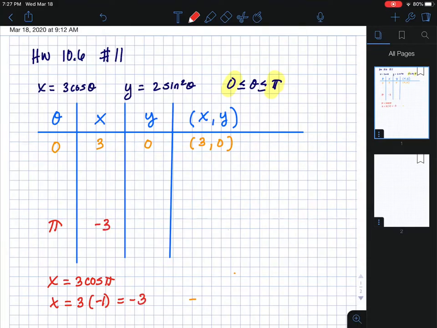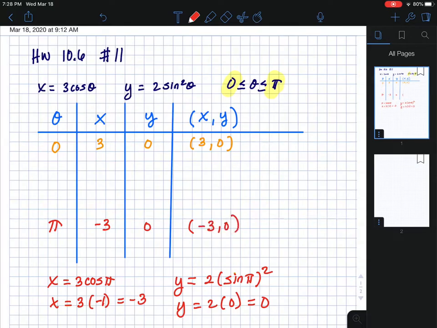We'll plug in pi for theta over here, sine pi squared. Again, y is equal to 2 times 0, which equals 0. So the ordered pair over there is -3, comma, 0.